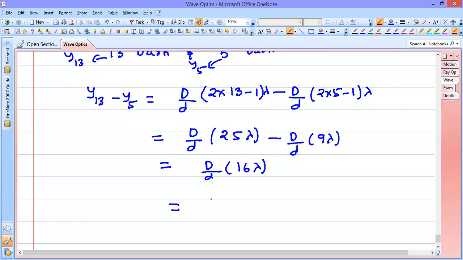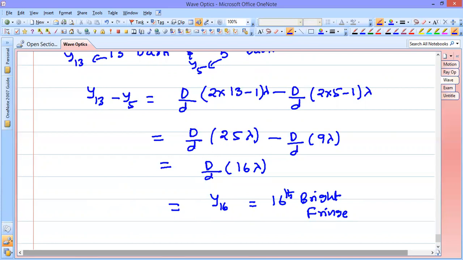That is, I can write it as the 16th bright fringe. Can I say 16th or 8th? For a bright fringe, yn is equal to capital D by small d into n lambda.